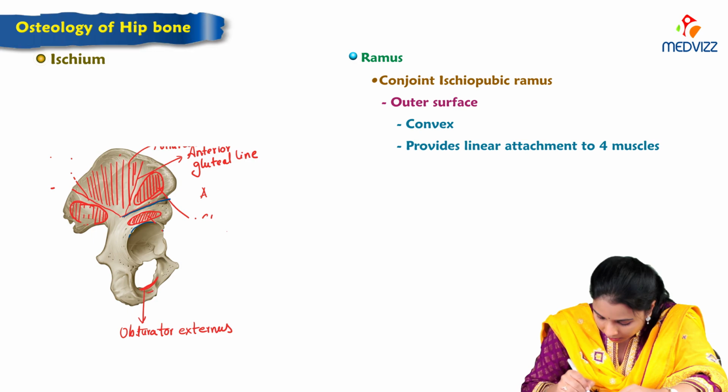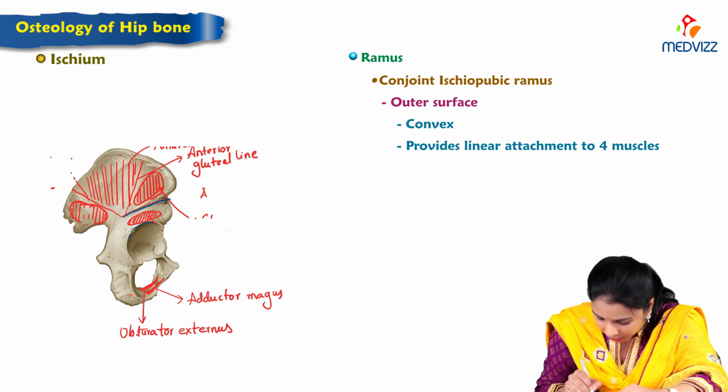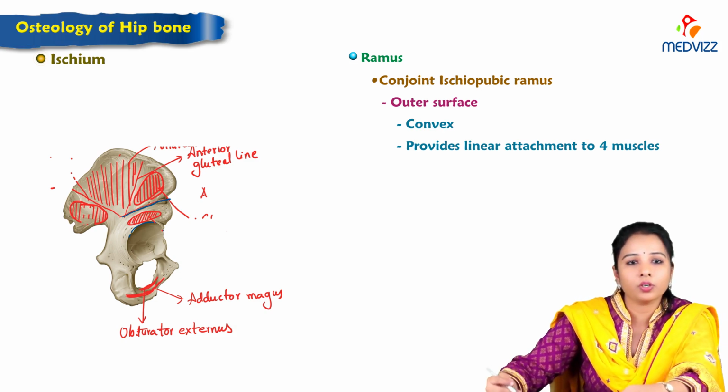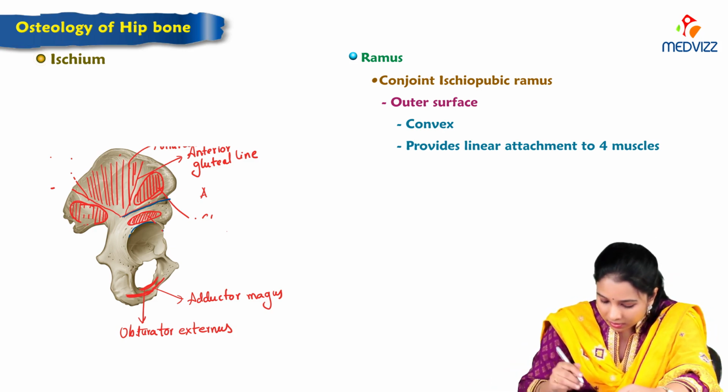Below it is the one which continues its origin from the inferolateral side of the ischial tuberosity, and it also gives origin to adductor brevis and gracilis.